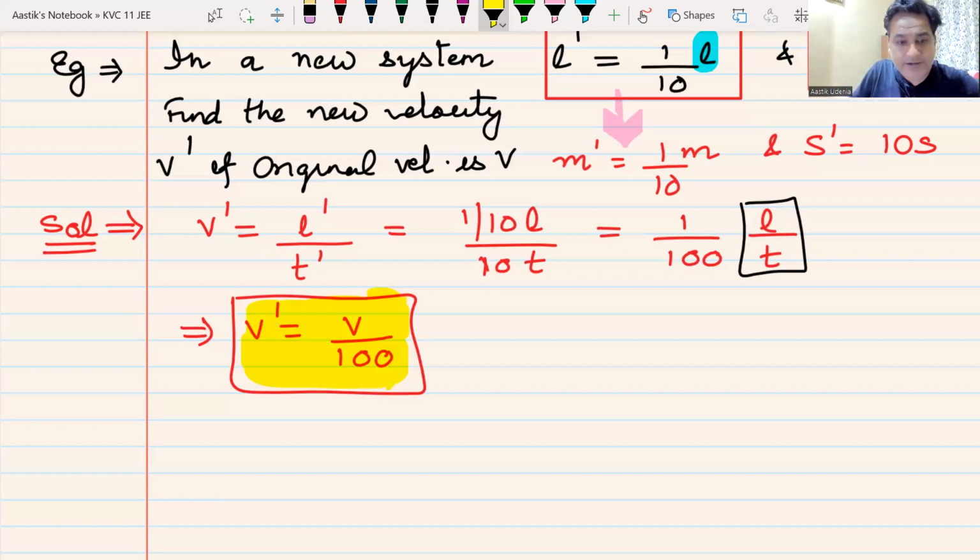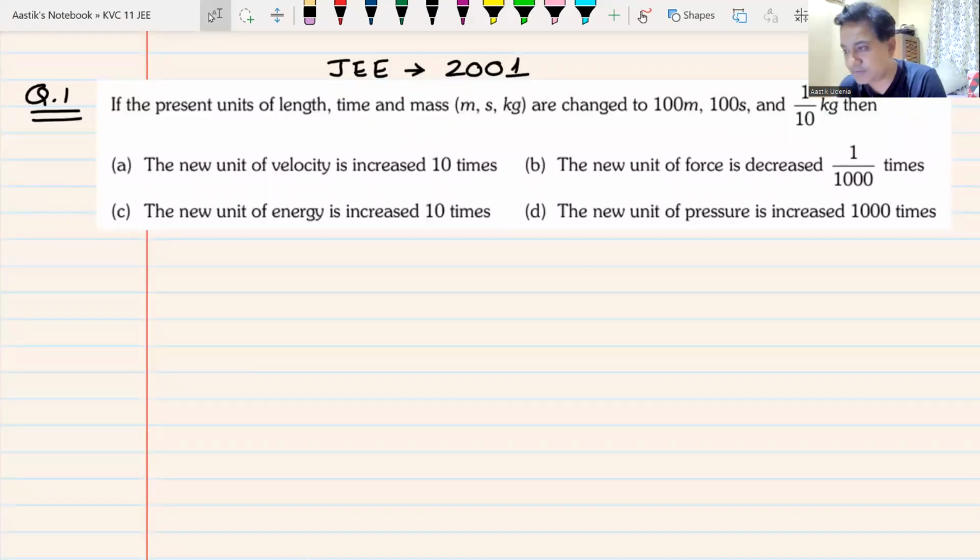Yes, sir. And here comes the next question taken from the previous year JEEs. If the present units of length, time, and mass, which are m, s, and kg, you know that, are changed to 100 m, 100 second, and 1 by 10 kg, then we have four options A, B, C, D. You can treat this as a multiple choice question so that you can find out all the four things.